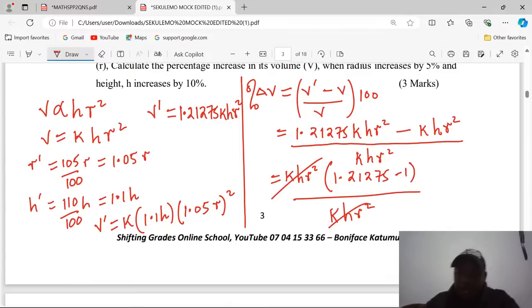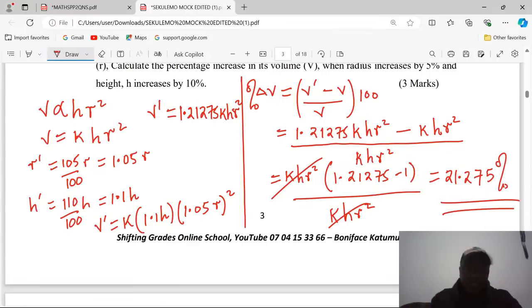And remember, we have to multiply by 100. So we take this minus 1 multiplied by 100, giving us 21.275, that is 21.275%.